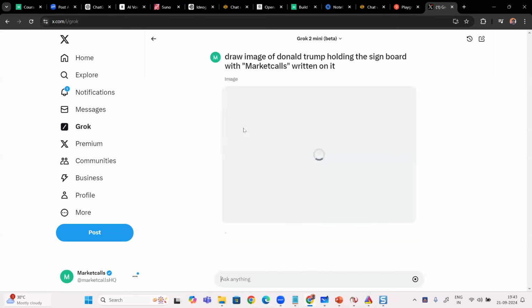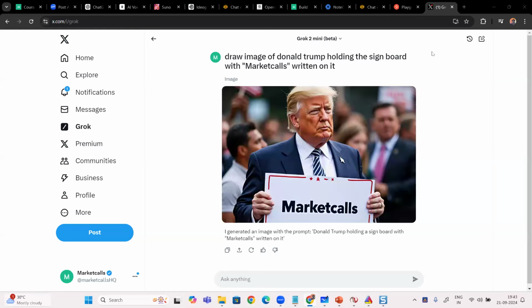So it is also good in creating images. Of course, it is using a Flux dev model to generate images. You can see that it comes up with Donald Trump holding a simple small signboard saying market calls on it.